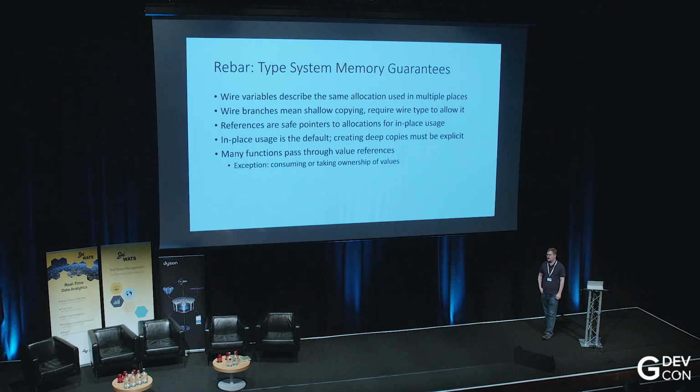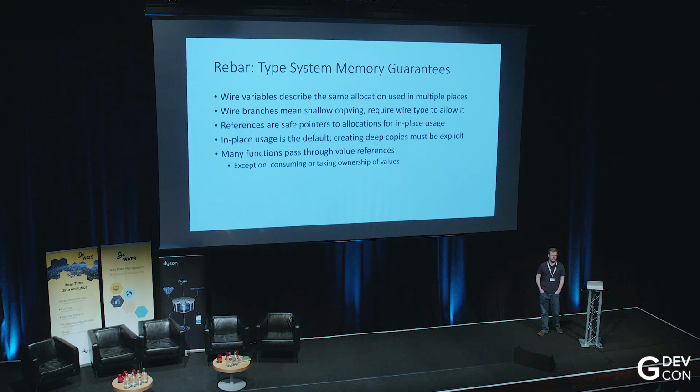But anything that has a destructor, like a file handle, or anything that represents a dynamic allocation into the heap, it's generally not safe or possible to shallow copy the top level thing holding on to it. And so if you want copies of it, that's when you have to be explicit.